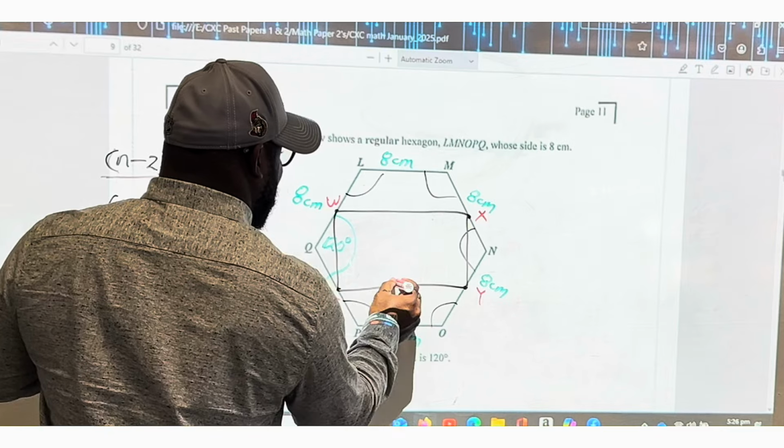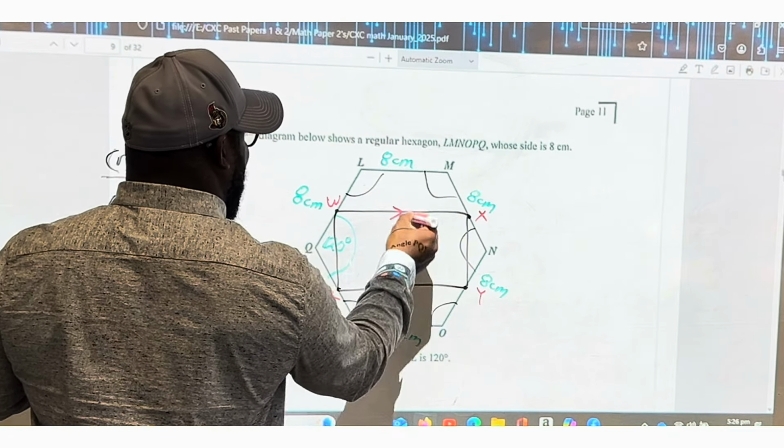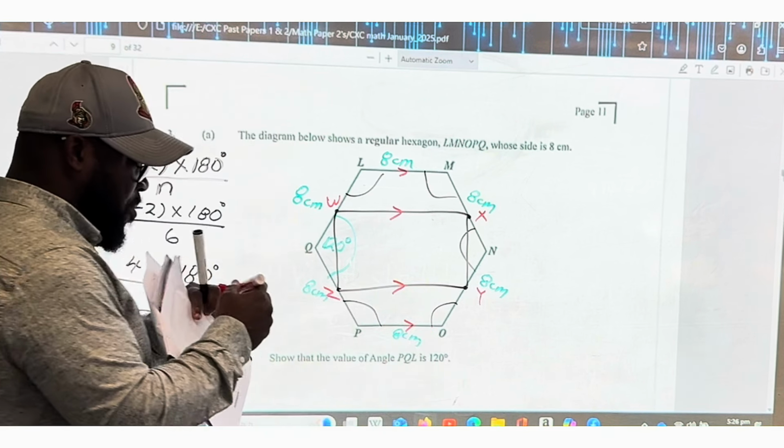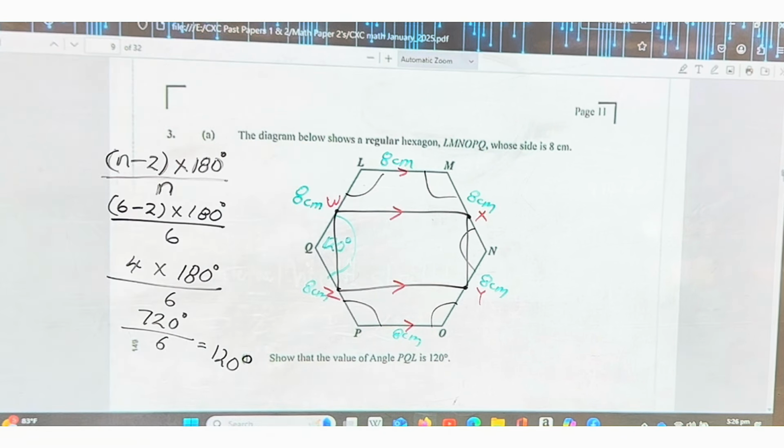What does parallel mean, guys? Anybody can tell me? The same direction, but they never meet. They never meet.